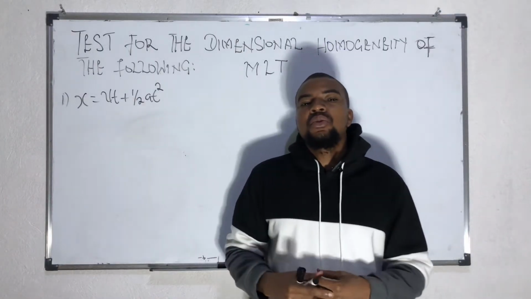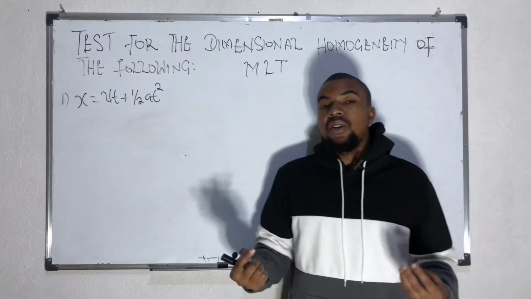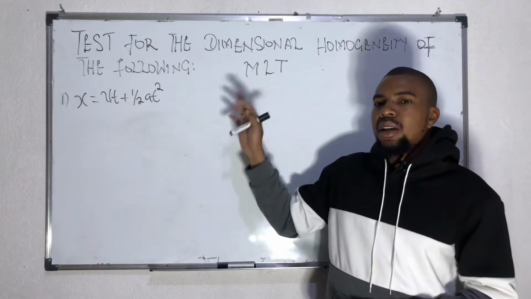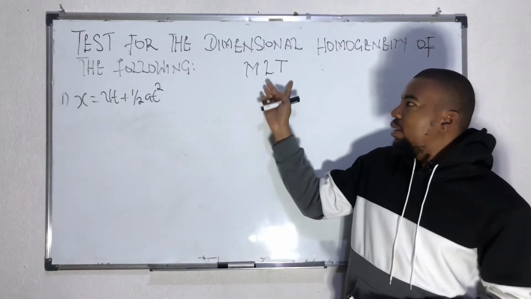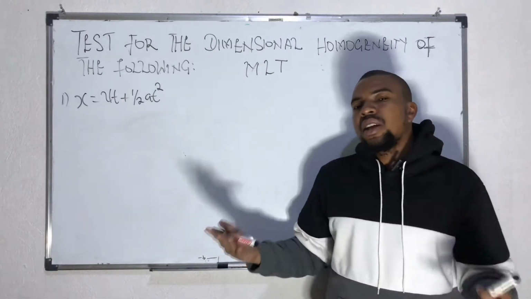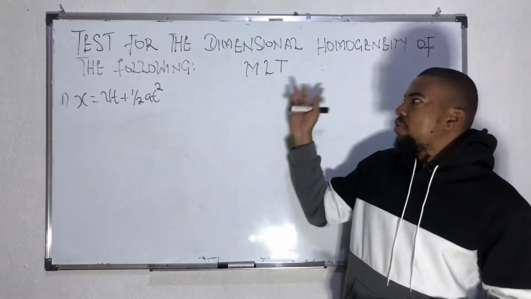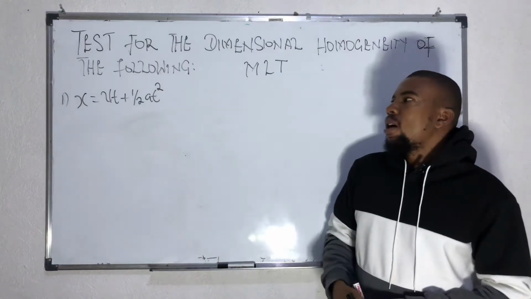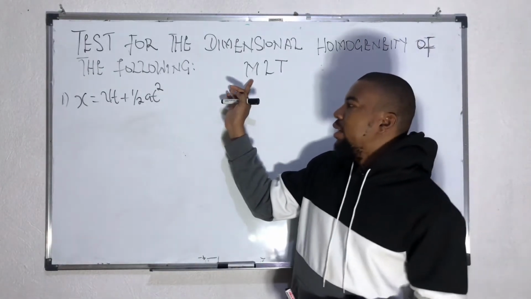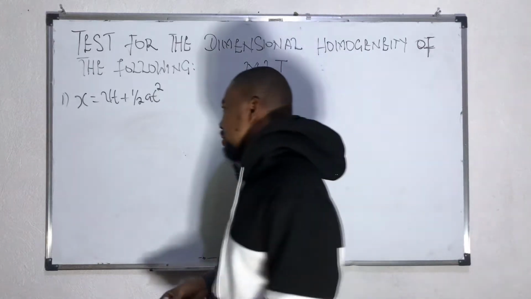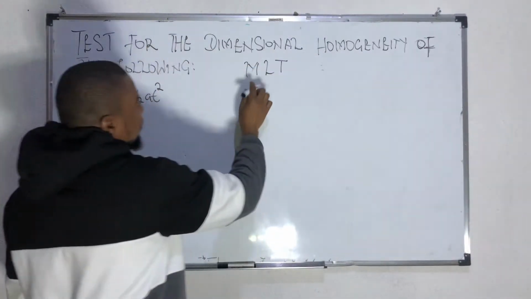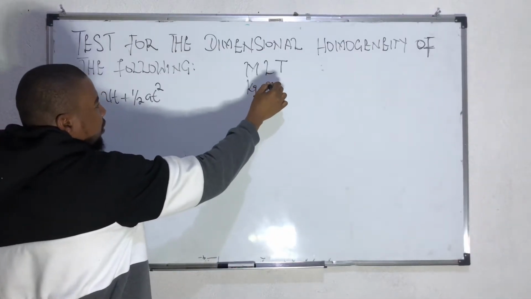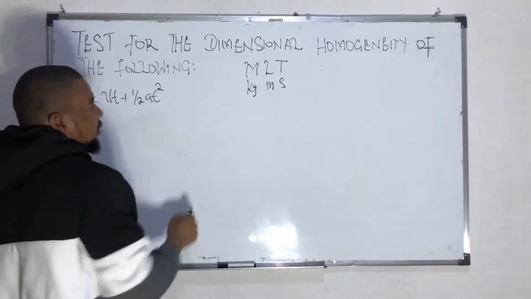But when it comes to dimensioning, for our level, we actually use MLT, which are mass, length, and time, to work with. So we use the 3 of them for our level. Maybe when you get to a higher level, you start working with the other ones. All right, so the unit for mass is kg, for length it's meters, and for time it's seconds.